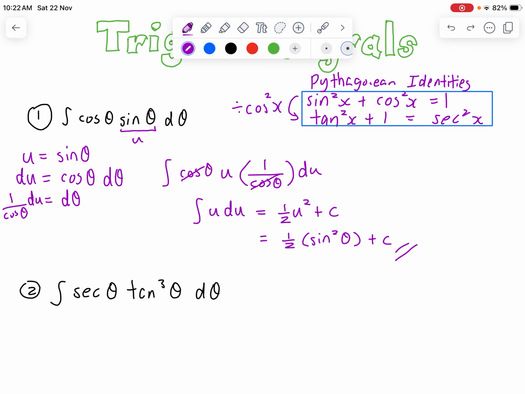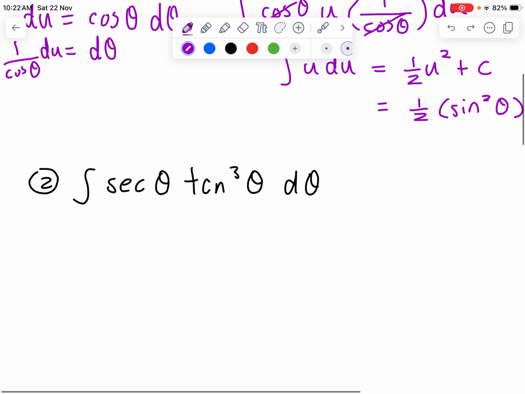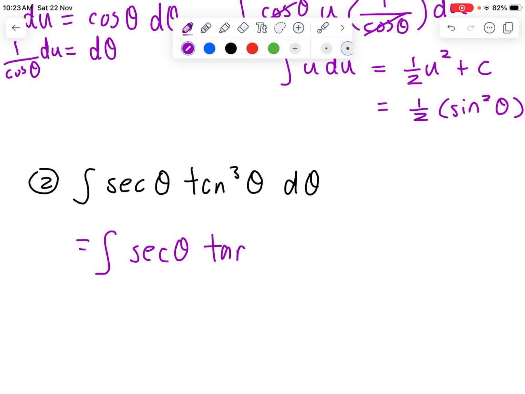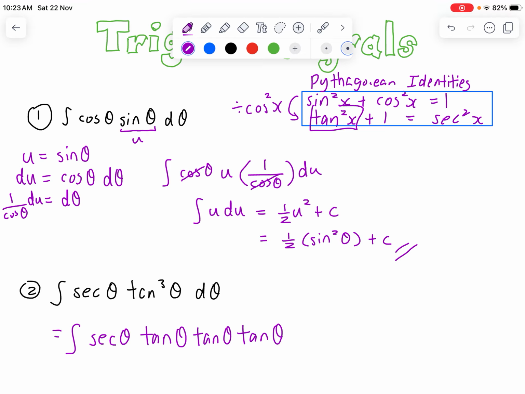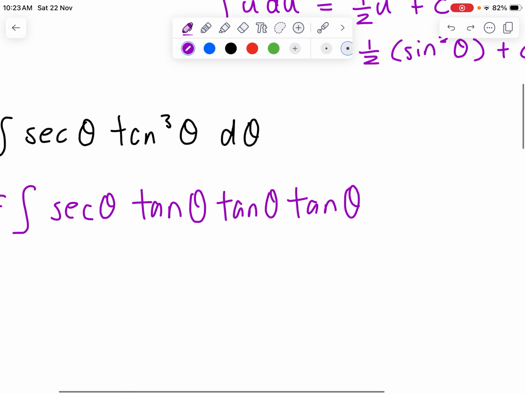Notice I have a tan squared and a tan cubed here. So I'll leave secant theta as it is, and tan cubed theta is tan theta times tan theta times tan theta. I see there's a tan squared.